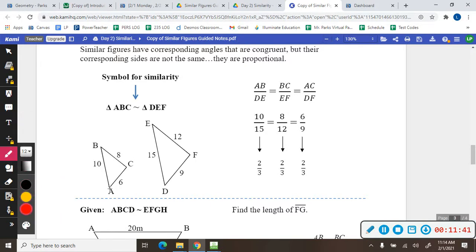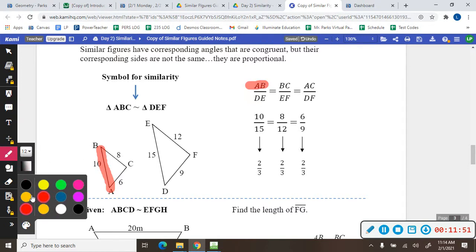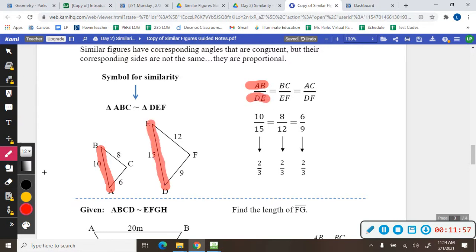AB and divide that by DE, because those sides go together, right? AB goes to DE, that those should all be proportional. That means a fraction.